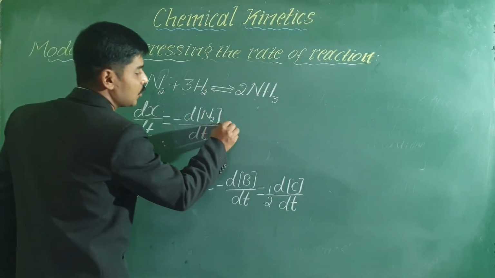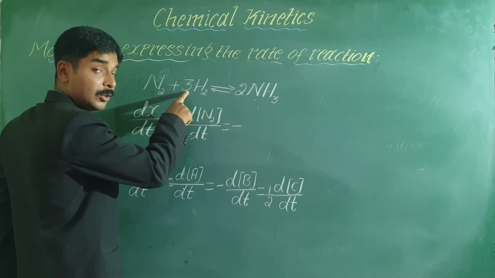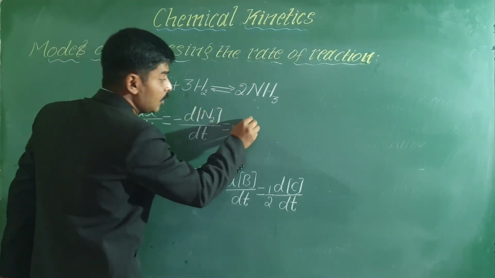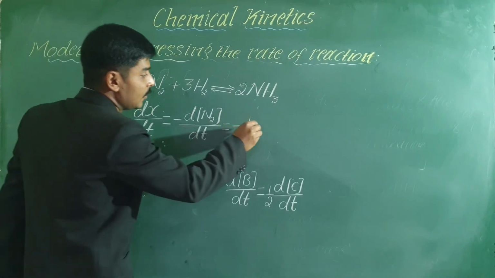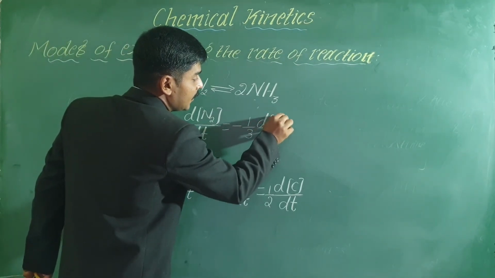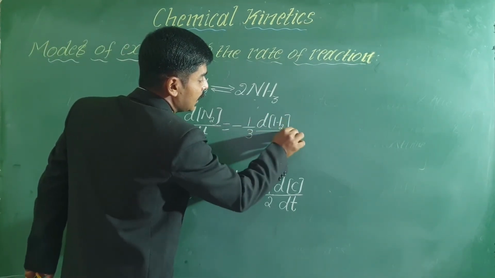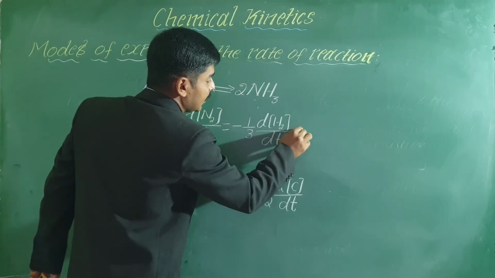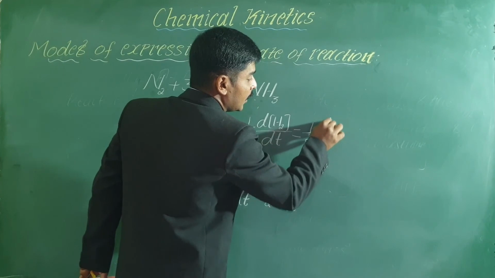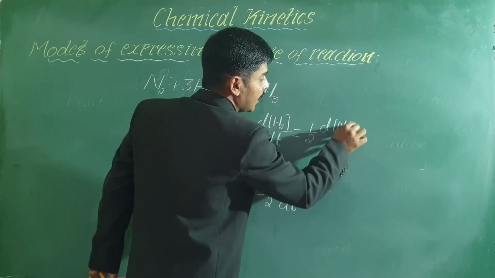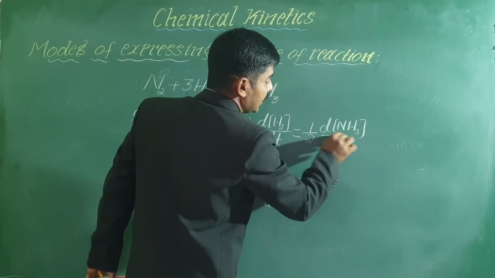Similarly, for H2, since the stoichiometric coefficient of H2 is 3, we must divide it by 3. So minus 1 by 3 dH2 by dt. This is equal to 1 by 2 dNH3 by dt.